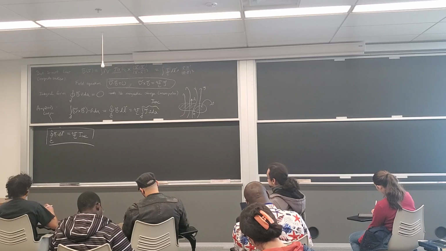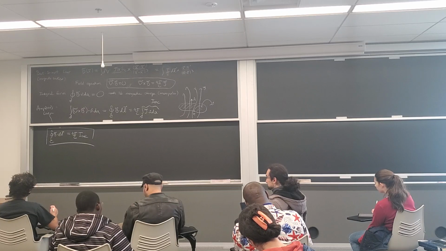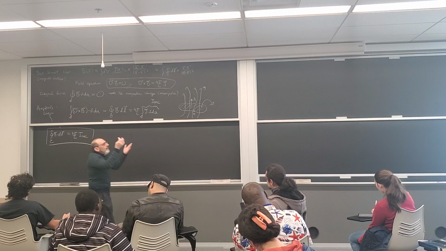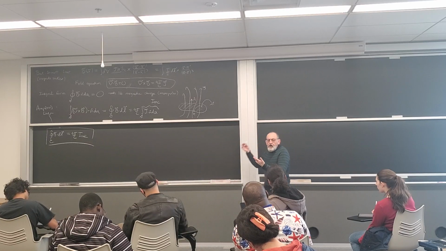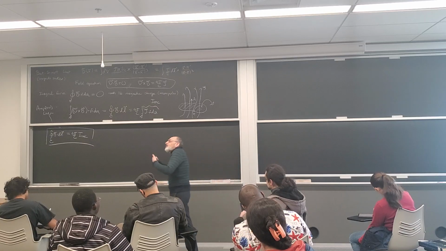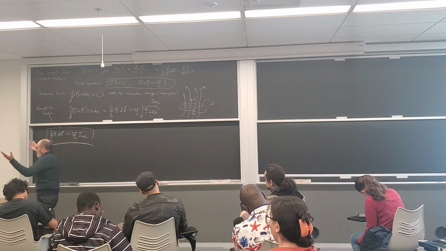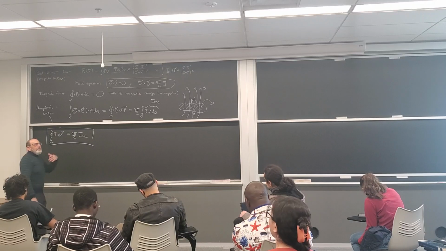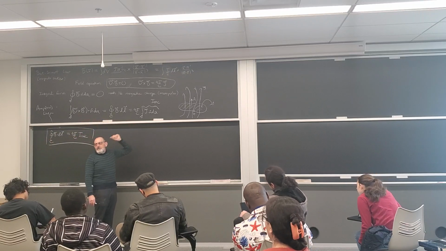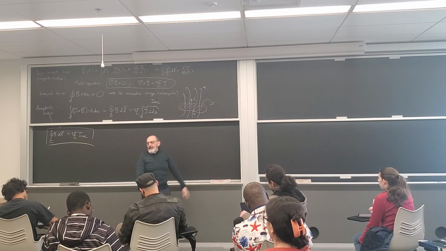So, as we studied in electrostatics, now, given a charge and a certain current distribution, a current density, we want to ask what is the magnetic field that is produced by that distribution of current. We can do that by trying to solve the differential equations, Green's functions, and the like.